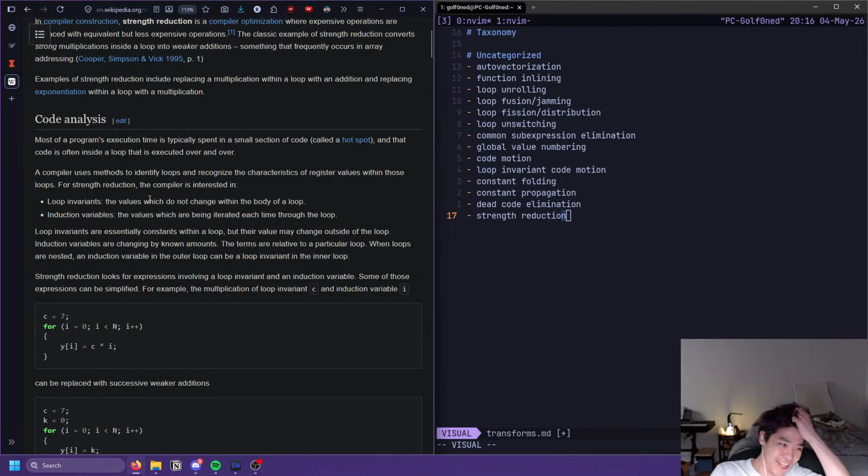Wait, what is happening? Okay, so we care about loop invariants and we care about induction variables. So I guess we shouldn't split it out because this necessarily looks at just those for the most part. Okay, so the induction variable changes by the loop, and then loop invariants are constant within the loop but change outside.